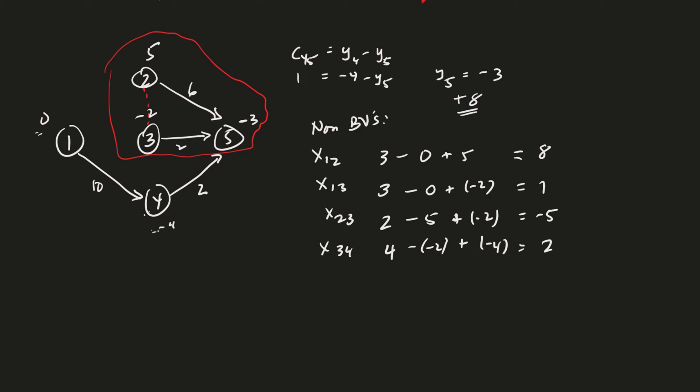And so if we're coming down 2, 3, and we add theta, that's going to make the edge go that direction. So this is going to be adding theta, and this will be subtracting theta. So how big can theta be? Looks like theta can be 6, right? So that means we're going to get rid of the edge from 2 to 5.